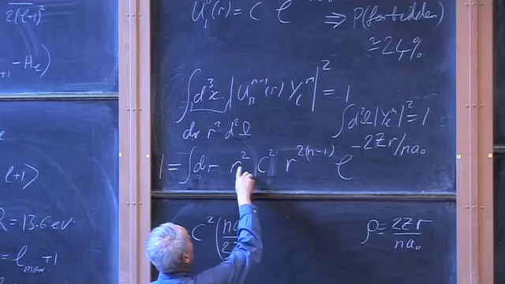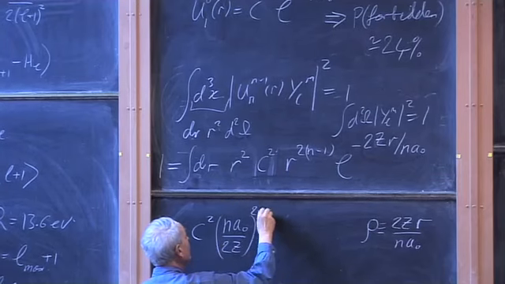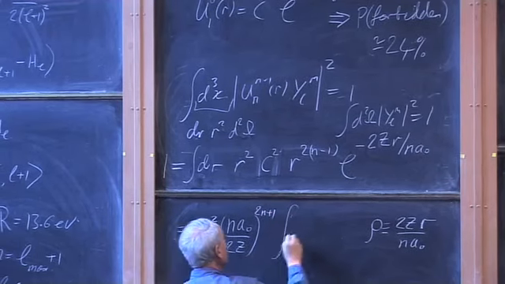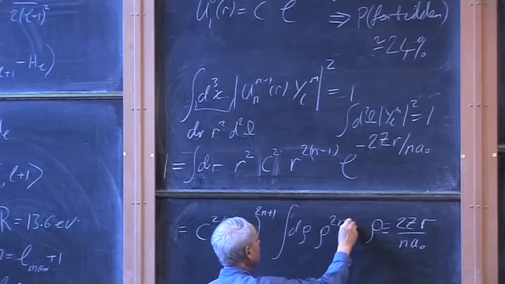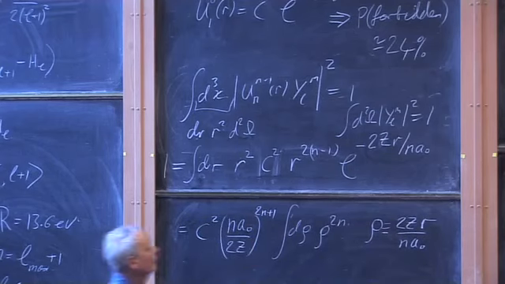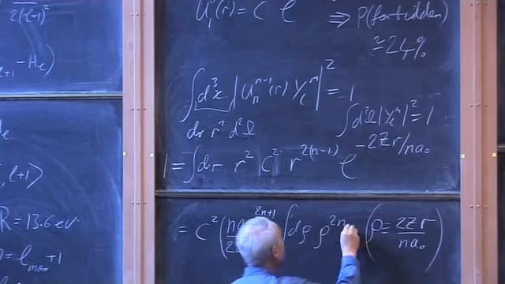I've got r to the 2n from these two and another one from there, so it's 2n plus 1, and then I can turn all these into rhos, d rho rho to the 2n, where that's the definition. Oh, I'm missing the e to the minus rho.